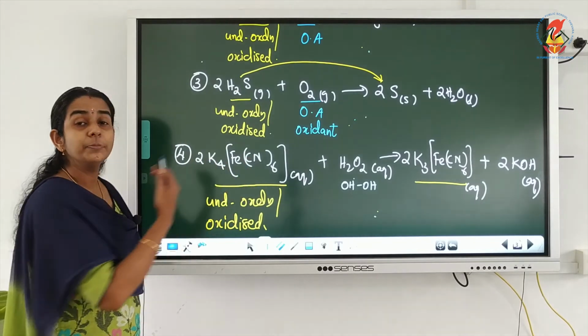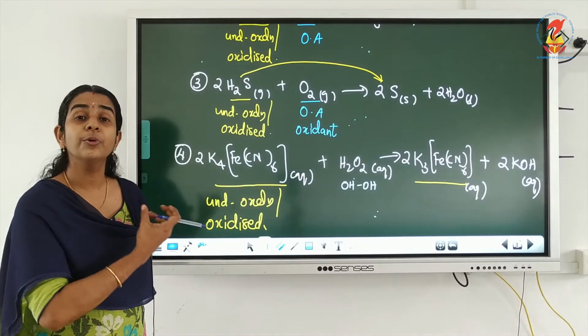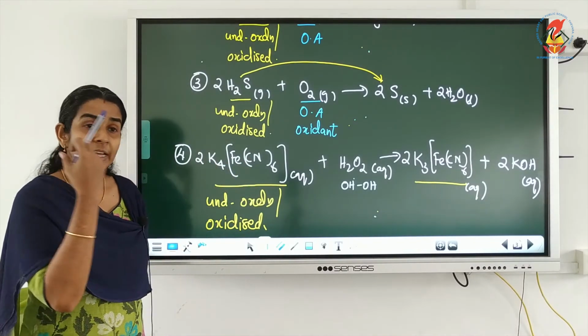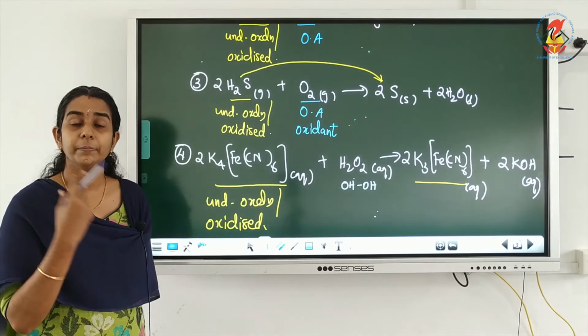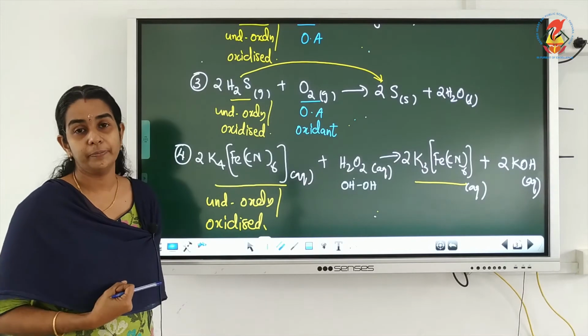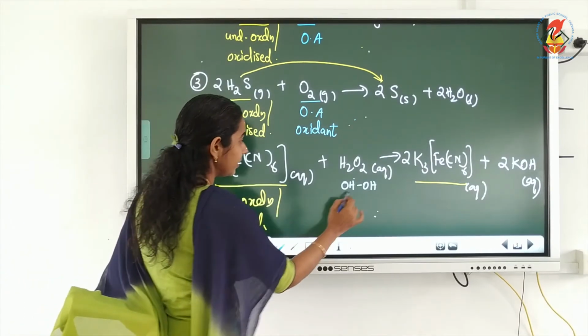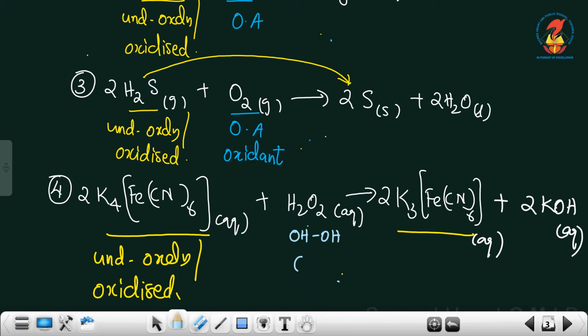So hydrogen peroxide is removing potassium, oxidizing K4Fe(CN)6 by taking potassium from it. So this hydrogen peroxide is acting as the oxidizing agent or oxidant.